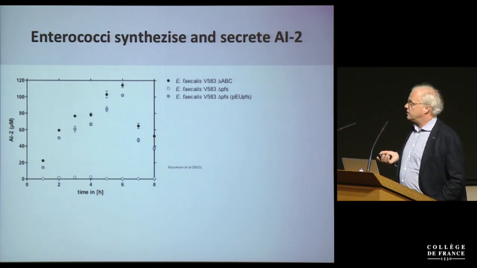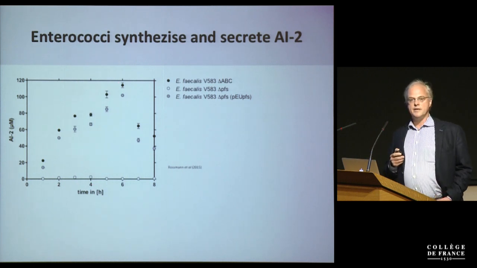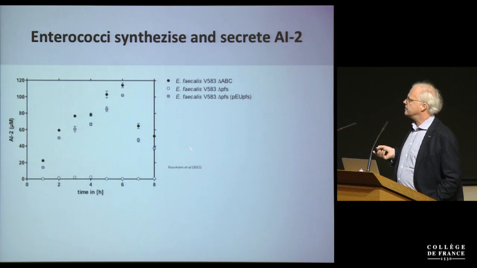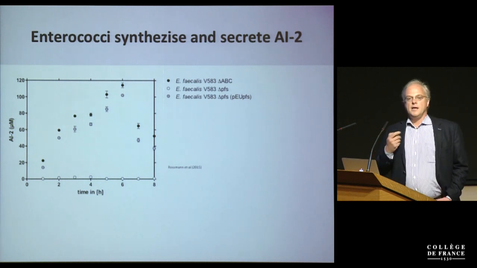Together we did a growth curve, so we grew the bacteria and we measured the autoinducer in the supernatant. And as you can see here, the amount goes up in the first 6 hours to between 100 and 120, then eventually falls down again.